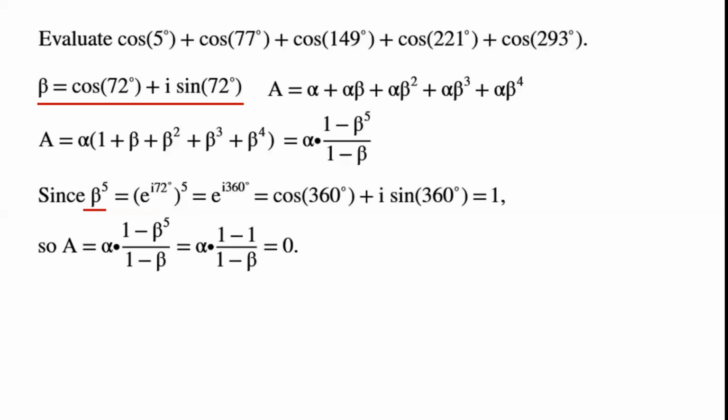So A equals alpha times 1 minus beta to the power of 5 over 1 minus beta, equals alpha times 1 minus 1 over 1 minus beta, which is equal to 0.